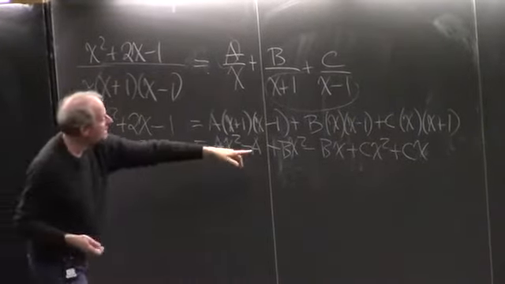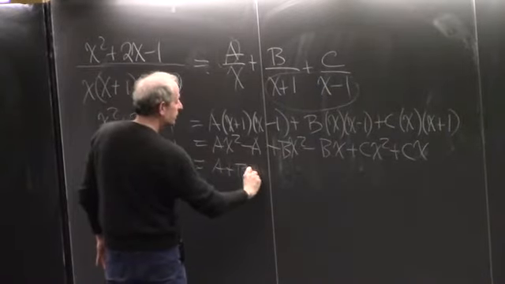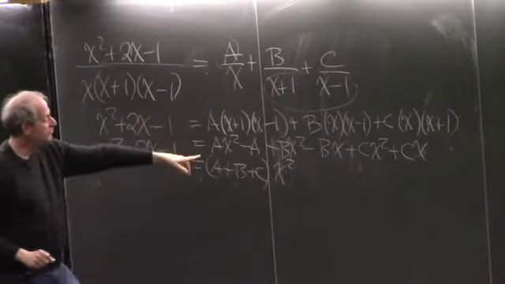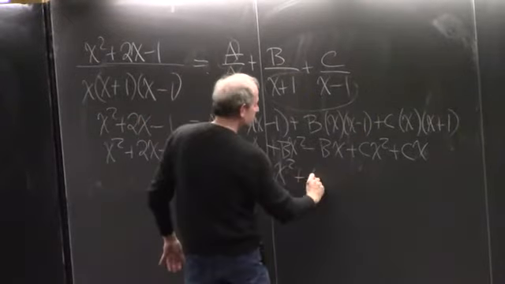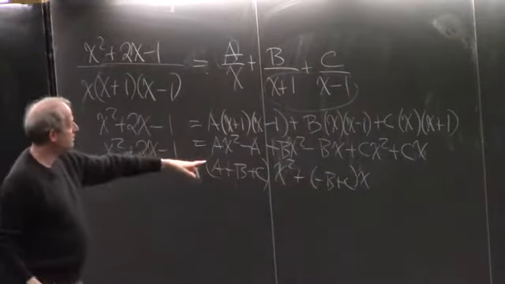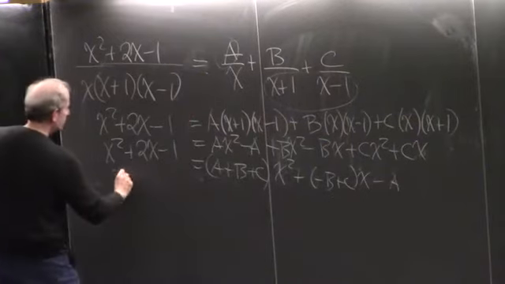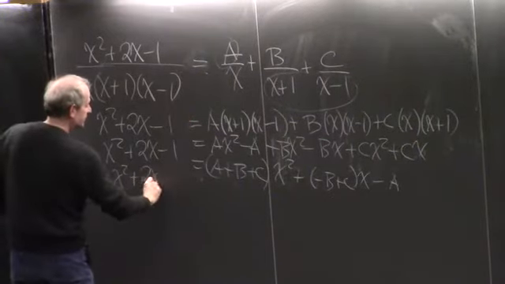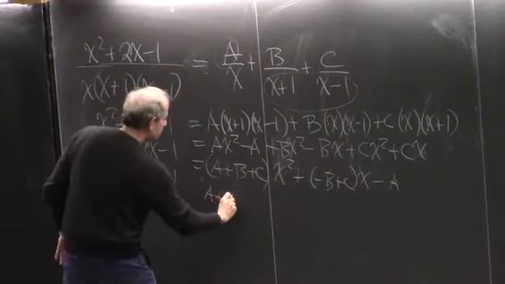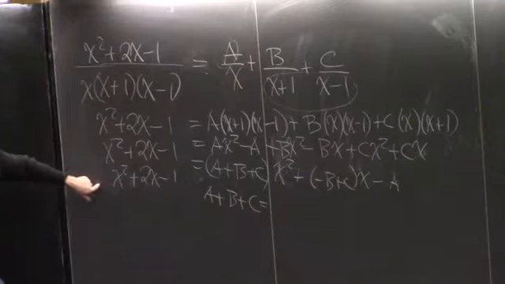Alright, so now we have ax squared and bx squared and cx squared. We have bx and cx. And we have minus a. And that's got to equal x squared plus 2x minus 1. So a plus b plus c has to equal 1, because it's 1x squared.